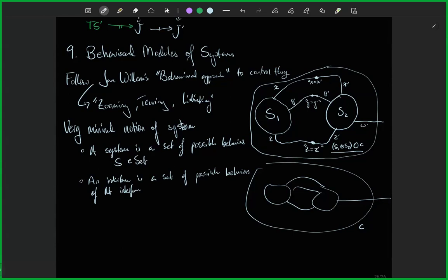So I is a set, and then a system with interface I is a set of possible behaviors together with a function, which I'll call E or ES, which exposes the interface behavior.